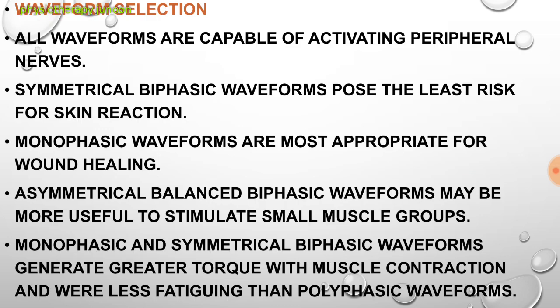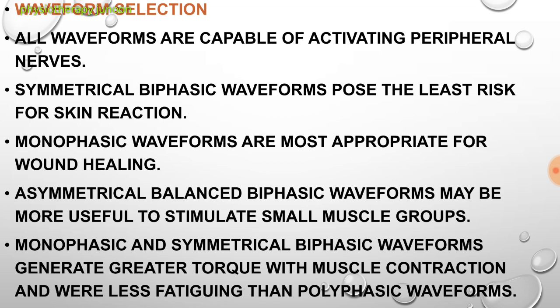For appropriate segments, how do you select the waveform? All waveforms are capable of activating peripheral nerves. If you want to apply TENS therapy for peripheral nerves, all the waveforms are eligible. Symmetrical biphasic waveforms pose the least risk for skin reactions.